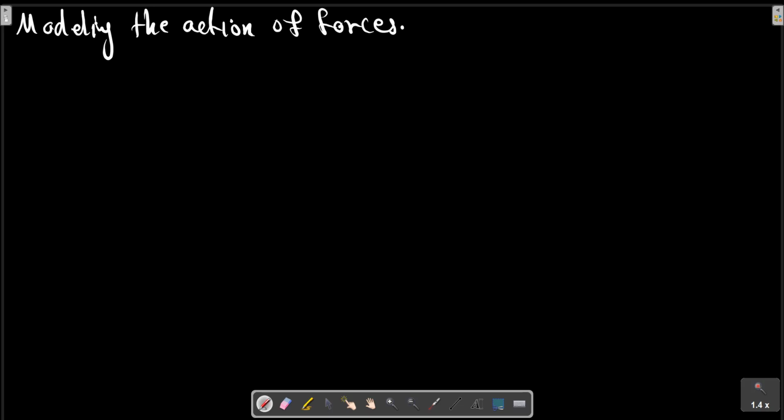At first, we are going to describe modeling the action of forces in two-dimensional analysis with the flexible cable, belt, and rope. Consider this picture for more description.